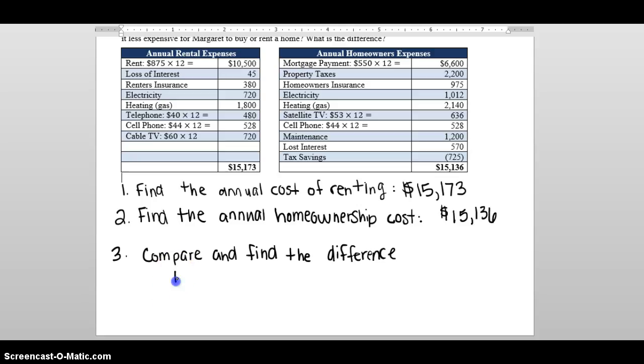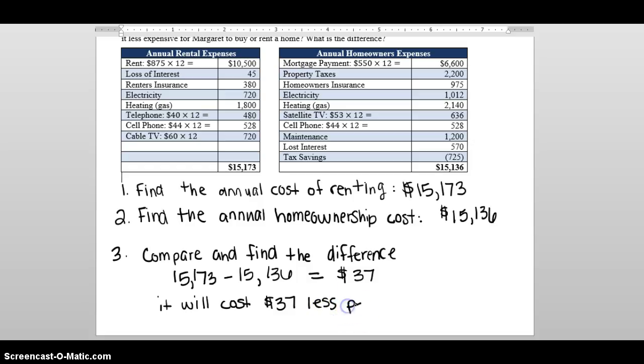We're going to find out how much by subtracting $15,173 minus $15,136. This is going to give us a difference of $37. So it will cost $37 less per year for Margaret to own her home.